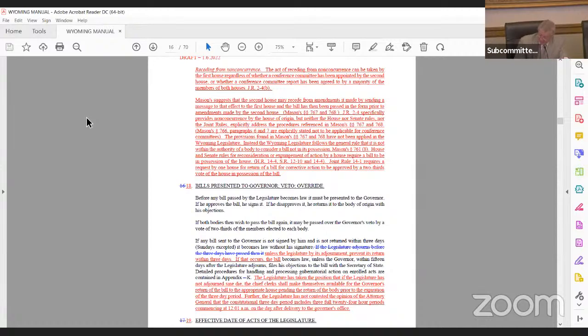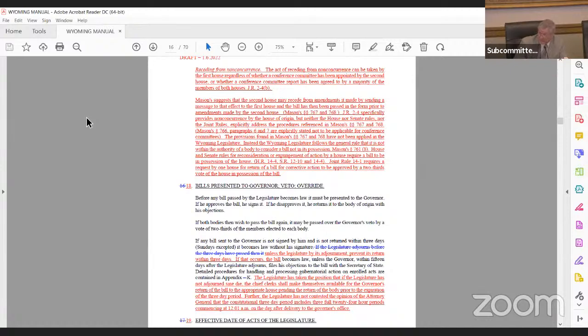And honestly, Mason's provides in 766, 767, and 768 for this process of going back and forth between the houses and accepting and rejecting changes. The Wyoming legislature has never done that. And it has never allowed a house, the first house passes an amendment, the second house does their amendments, they send it to the conference committee. Mason's envisions a procedure where the first house can say, forget it, we don't want our amendments, just pass the bill as it came out of the second house without our amendments.